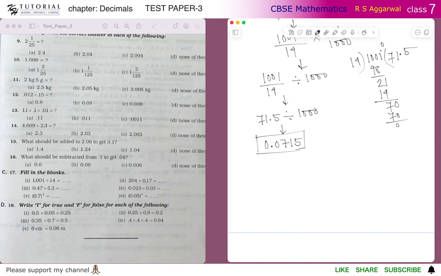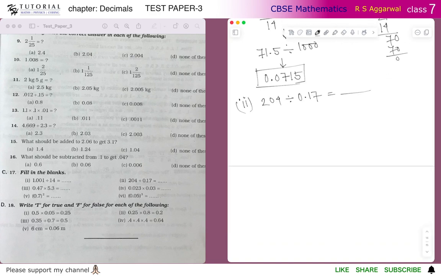Okay, 2 is 204 divided by 0.17 is how much? So let's convert the divisor, that is the decimal number, to a decimal fraction.